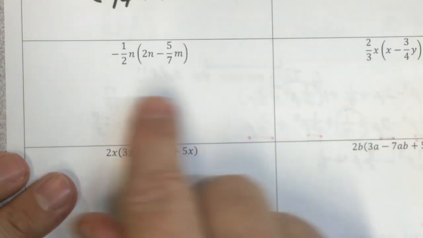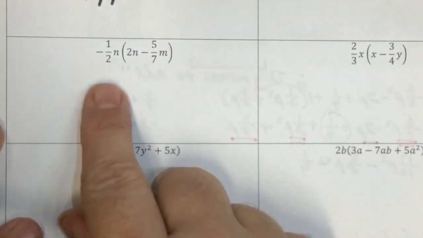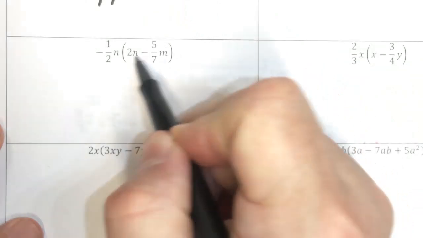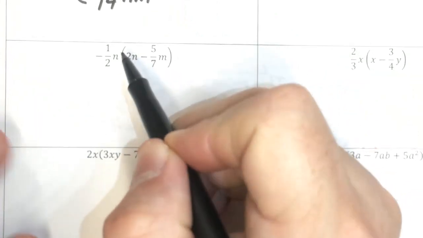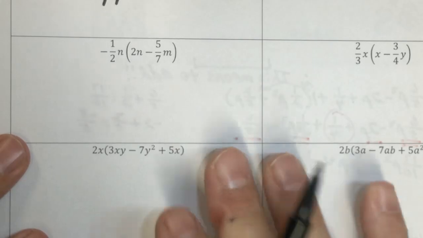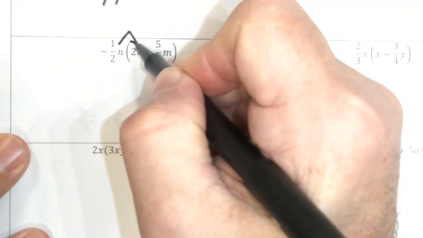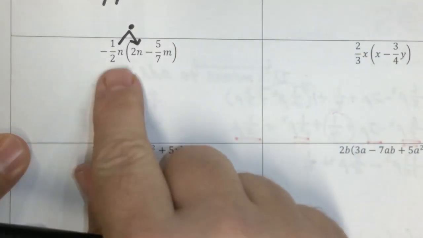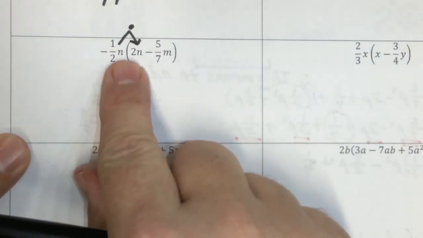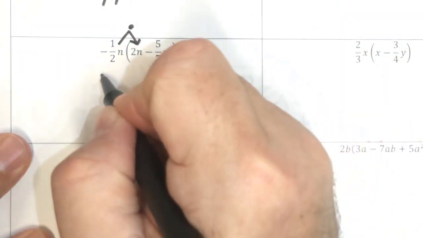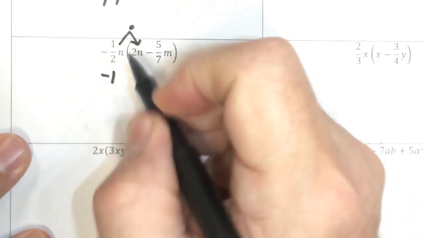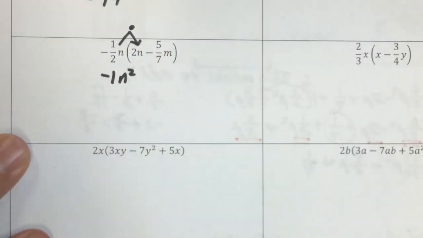Here we go. Alright, so now we're going to tackle this one. Notice we have the minus here, so in between here is a binomial. What we're going to do is go negative 1/2 n times 2n. Negative 1/2 times 2, that's just negative 1. N times n, that's n squared.